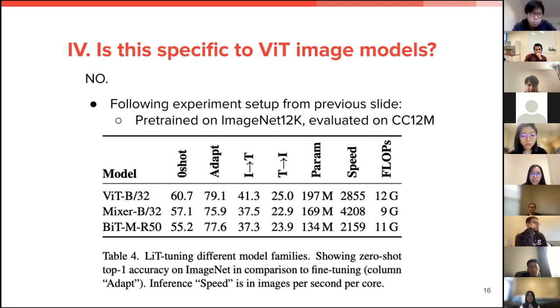So the short answer is no. And the authors experimented with ViT of different sizes, as well as 2 other completely different image architectures, and found that they perform, I would say, equally well, although ViT is indeed usually the fastest as well as the most accurate one. So LiT has a really cool freedom for you to choose image models without affecting a lot of its performance.